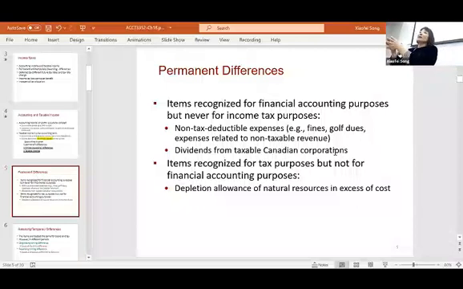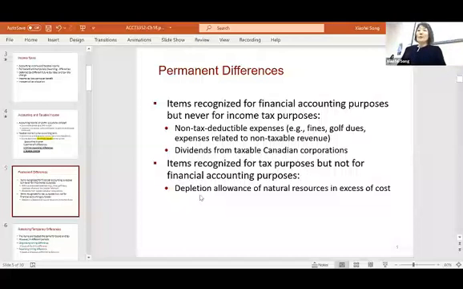The government is not going to collect tax twice on that income, because corporate income tax on that amount has already been collected. So that's the difference: items recognized for tax purposes, but not for financial accounting purposes.